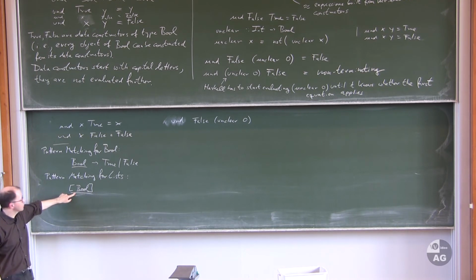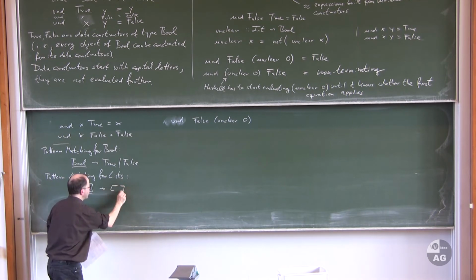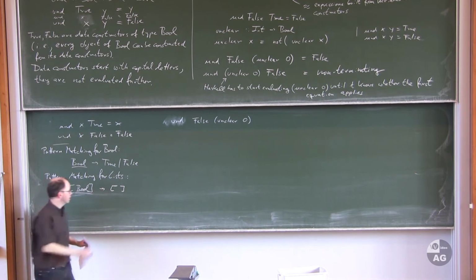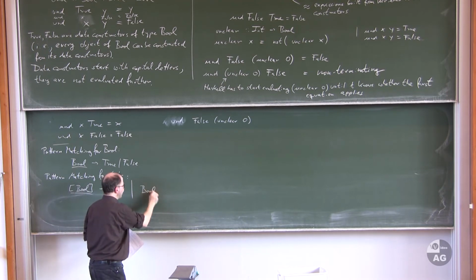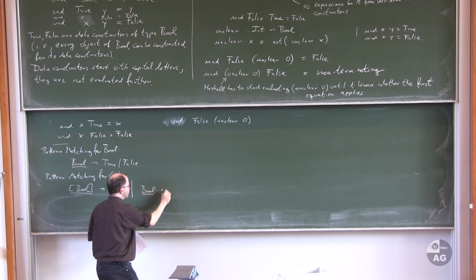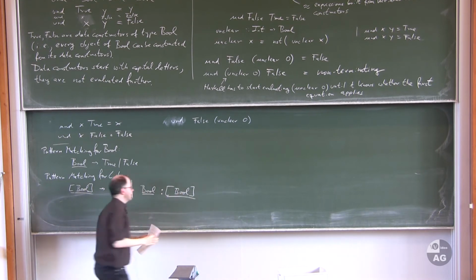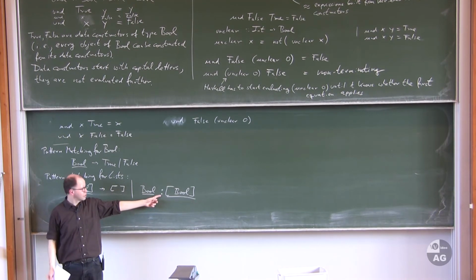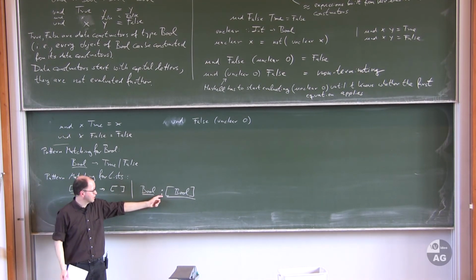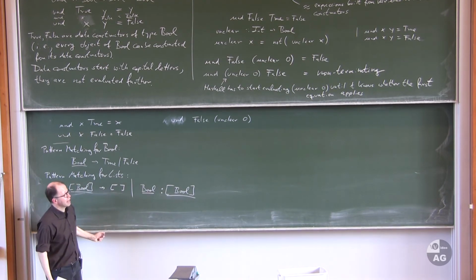How can I construct lists of Booleans? Lists of Booleans are either the empty list, or it's a Boolean value inserted into a Boolean list. And in Haskell, the colon is the function symbol used for list insertion. So in this way, you can represent a list that has this first argument and this remainder list.